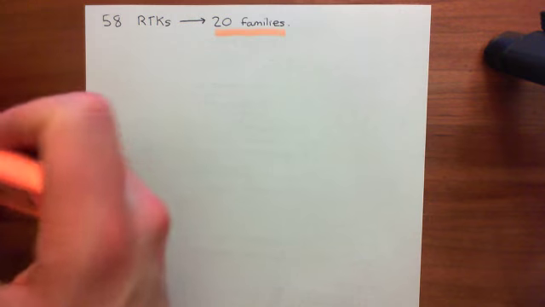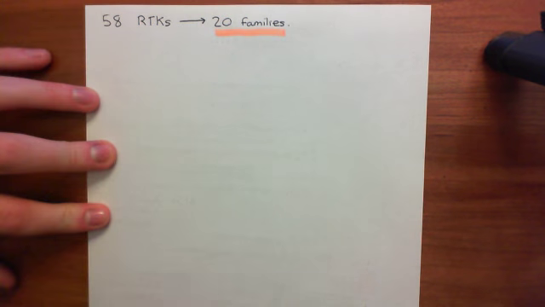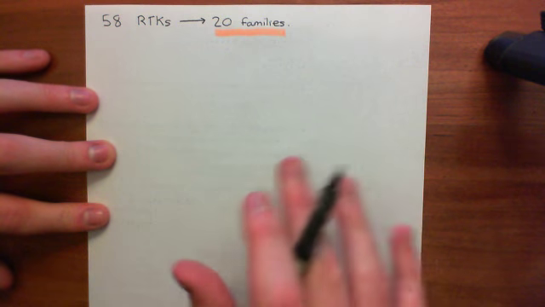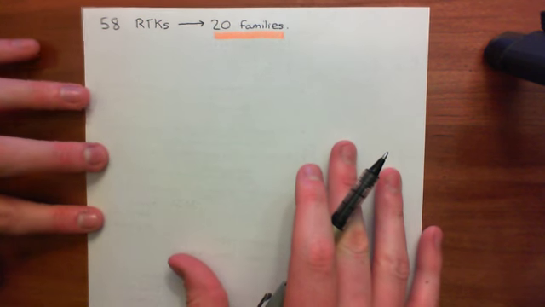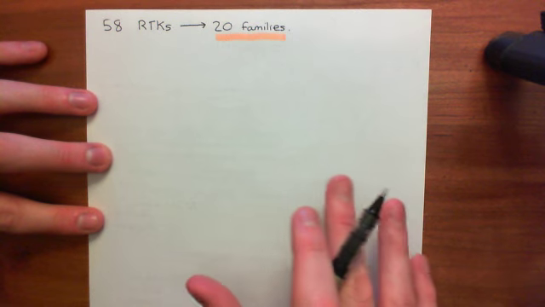So I'm going to tell you about the most famous families: the ErbB family, the platelet-derived growth factor family, the insulin family, the fibroblast growth factor family, the ephrin family, things like that.